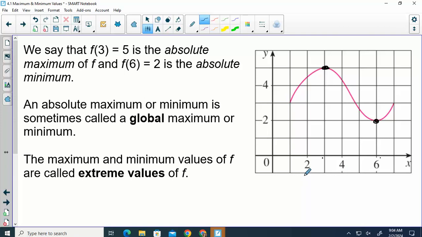The absolute minimum value is 2. It happens when the x is 6. So the max and min itself is really the y value, but we use the x to identify where it happens. When I'm talking about maxes and mins, those are called extreme values. So I might just say find all the extreme values. That means find all the maximums and minimums on a graph.